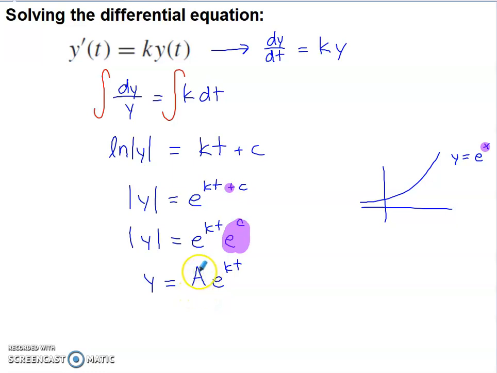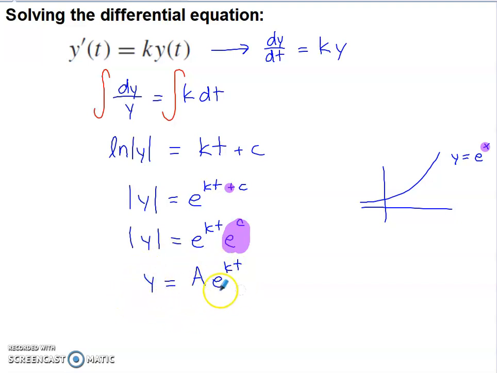So if I do not demand that a is equal to e to the c, if I just say a is going to be an arbitrary constant that is being used to re-represent this, and I allow for a to become negative, once I've given the right side of this equation a way to become negative, I can do the same thing on the left side of the equation, and I can drop the absolute values.